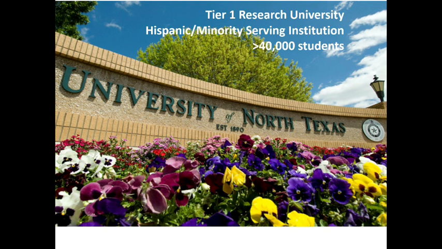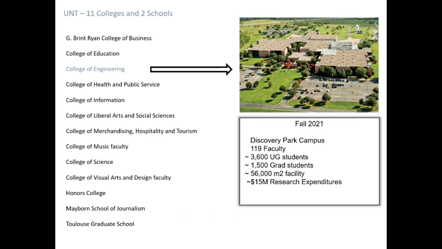We have a large student population. And the College of Engineering is located separate from the main campus. The main campus is located southeast of Denton, but the College of Engineering, which we call the Discovery Park, is located a bit north of Denton.